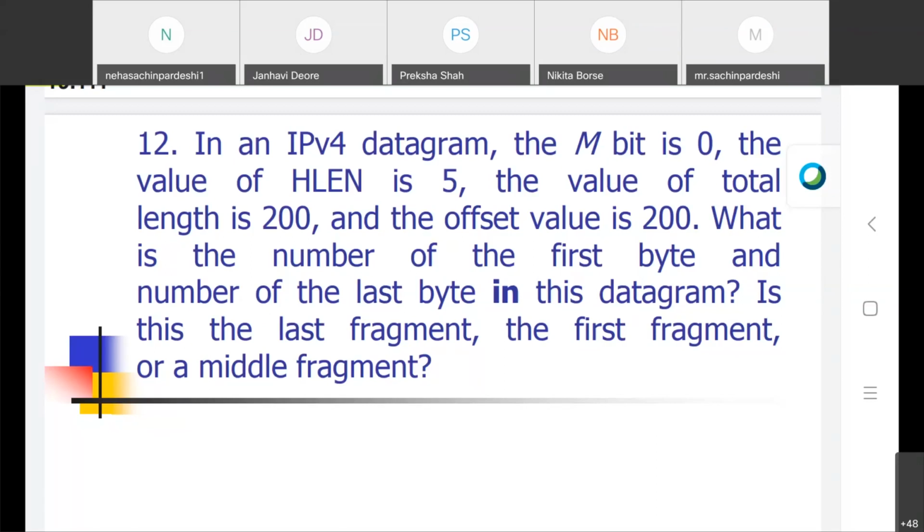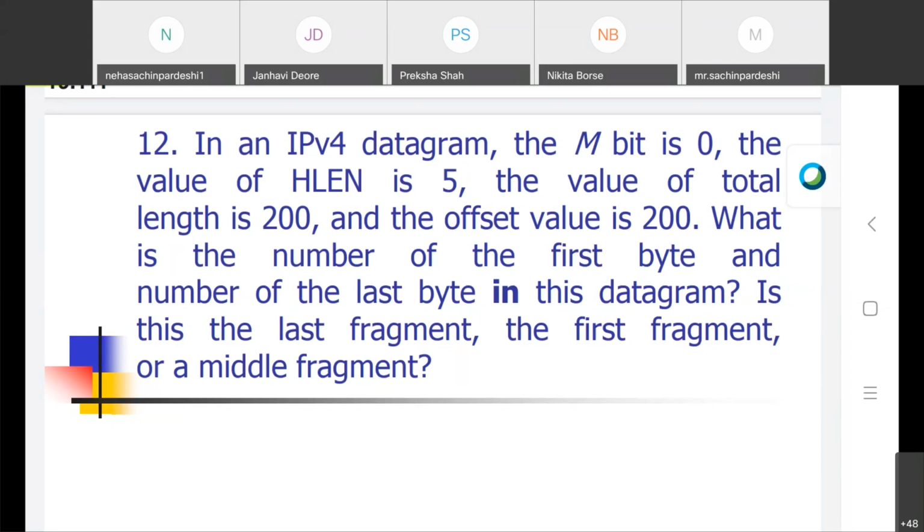What is the number of the first byte? 1600. And the number of the last byte? It is 1600 plus 200 minus 1, so 1600 plus 199. That is the last byte in this datagram.